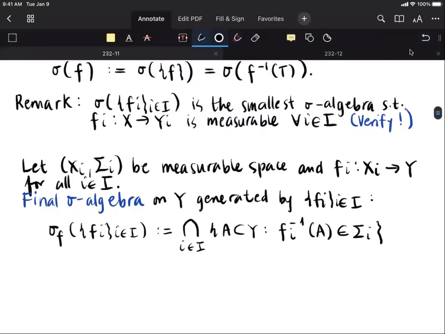Well, it can be shown that this is a sigma algebra, and we know that an arbitrary intersection of sigma algebras is again a sigma algebra. So indeed, this defines a sigma algebra on Y.